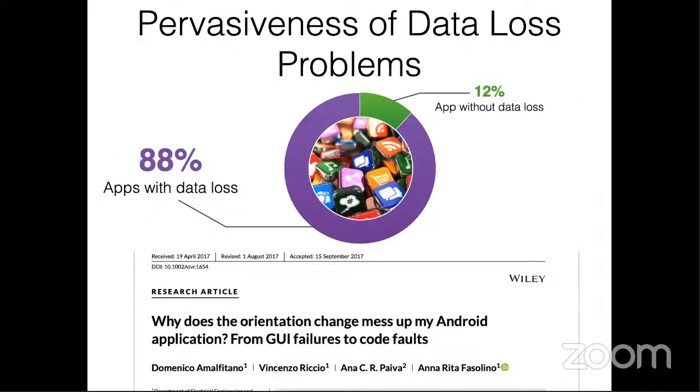A similar study confirmed our finding on the pervasiveness of these problems. Amalfitano et al. manually tested the apps available on Android, and they found that almost 90% of these apps suffer from data loss. This means that current testing practices are not enough to detect this kind of problem.